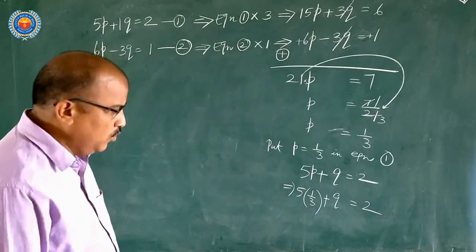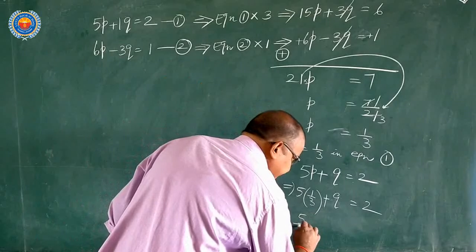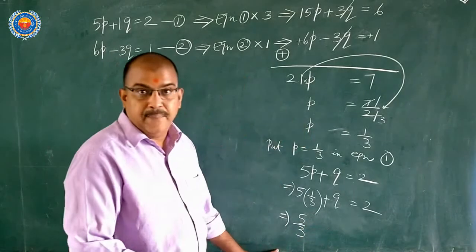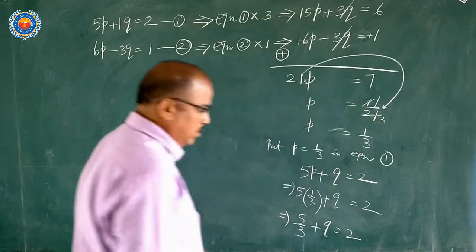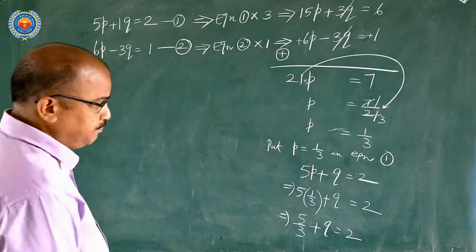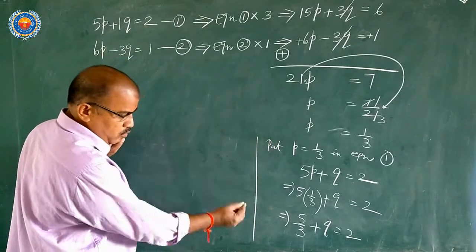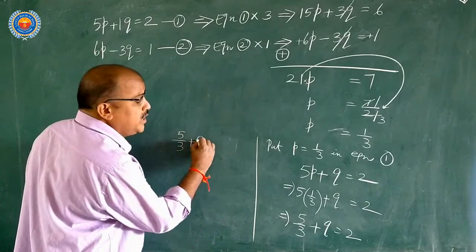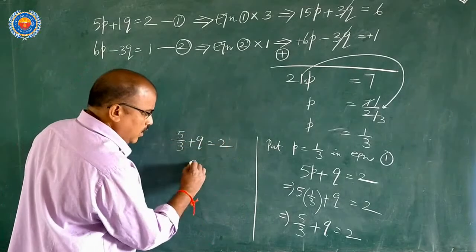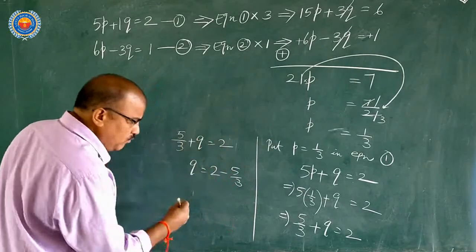That implies 5 into 1 by 3, 5 by 3. 5 by 3 plus q is equal to 2. So q is equal to 2 minus 5 by 3.